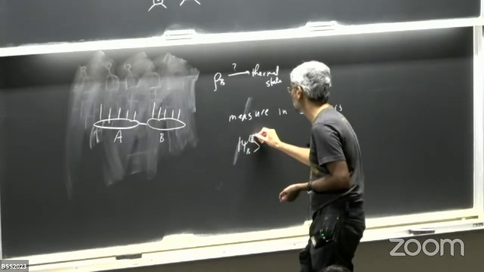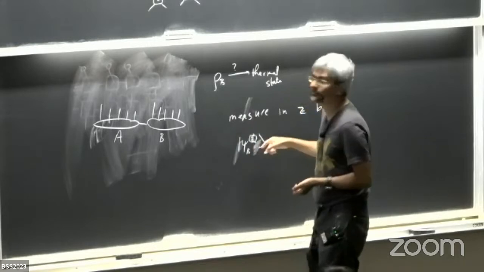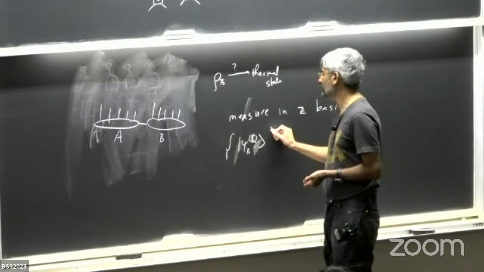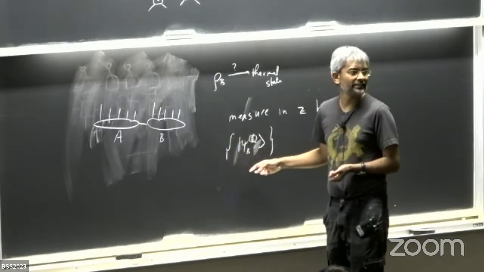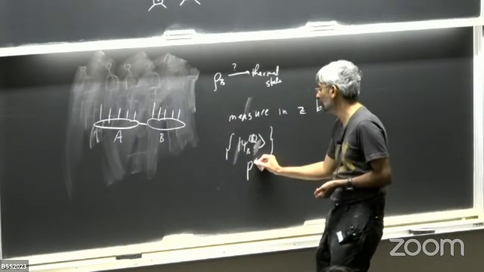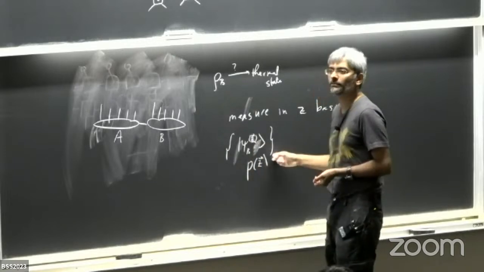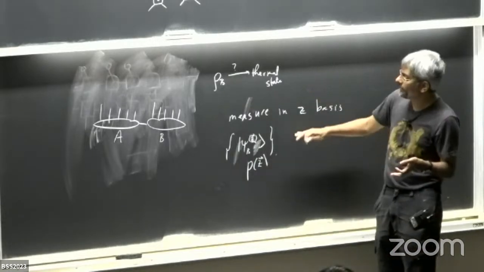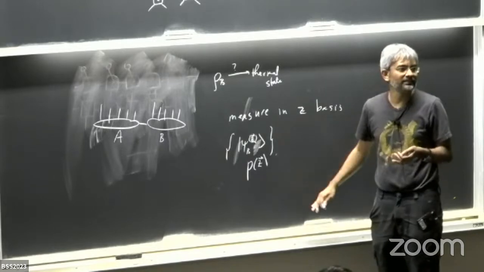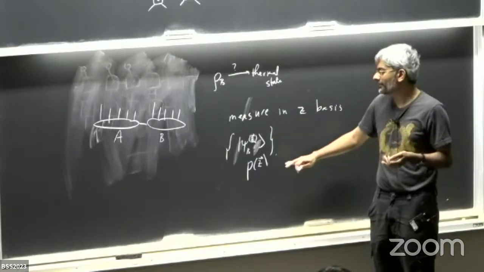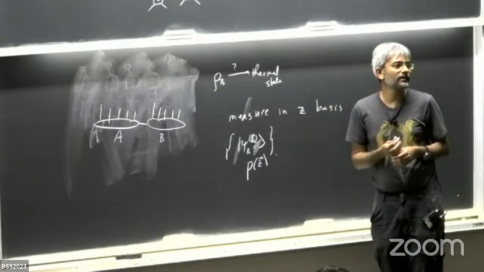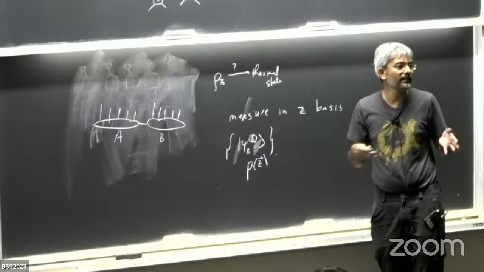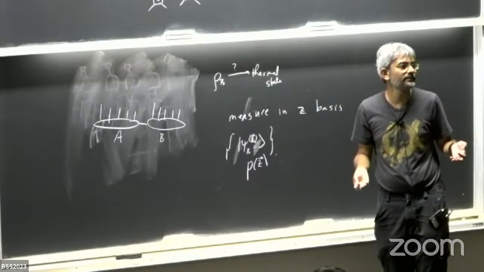So you get an ensemble of these states, one for every measurement outcome, weighted by the probability of that particular measurement outcome having happened. So you can ask, what's the ensemble of the states? Do these states cover the state space uniformly and randomly, like the Haar measure on the state space?